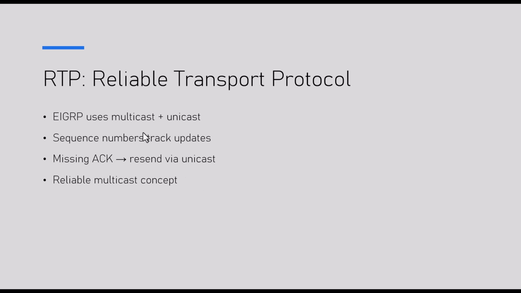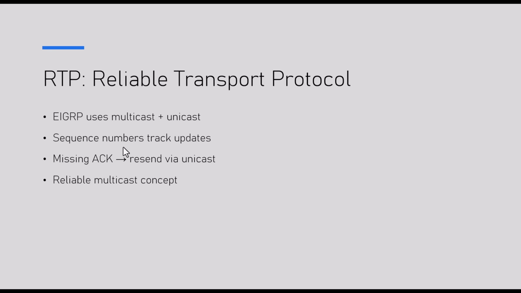There is something that we call RTP, Reliable Transport Protocol. This is the protocol used to send updates to your neighbor. And because of the nature of this protocol, what we need to do is to make sure that we acknowledge the receipt of anything that we have. So EIGRP uses multicast and unicast. Multicast is going to be used for hello messages. Unicast is going to be used for sending information and updates to the other side.